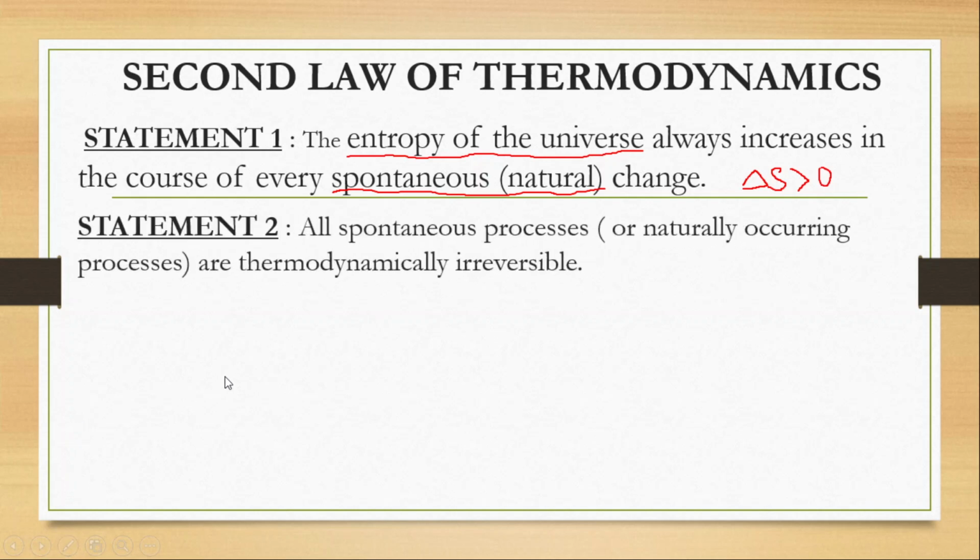The second statement: all spontaneous processes, all naturally occurring processes, are thermodynamically irreversible in nature. That we have already discussed. If water is flowing from up a hill, it is flowing down the hill.